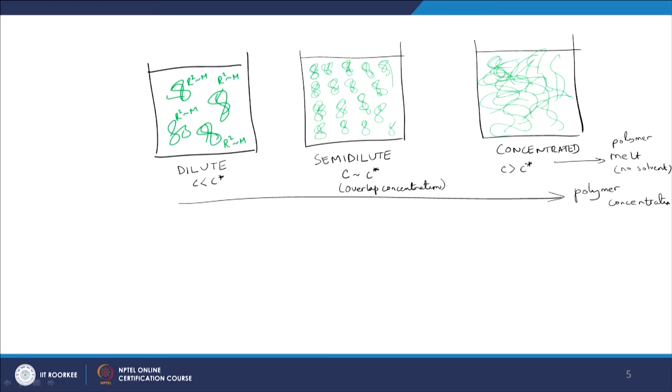Okay. So, now when it starts to overlap, we can imagine that every chain is contained in a volume, and we can represent the volume by say a sphere, and then those volumes are just touching each other. Okay? So, there is no empty space in between, those volumes touch each other.